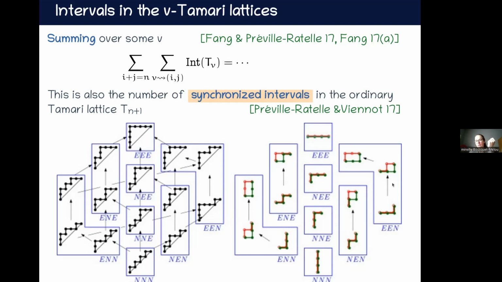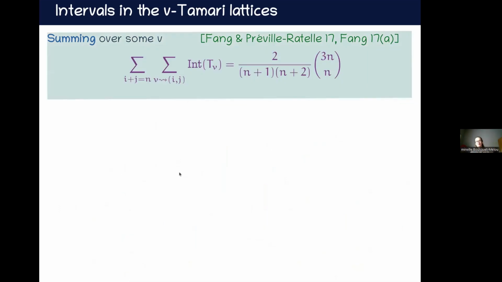So really, when you want to count the intervals in this collection of 8 lattices, what you need to do is to count certain intervals, that is, those that fit in a block, in the usual Tamari lattice. So these intervals are called synchronized.